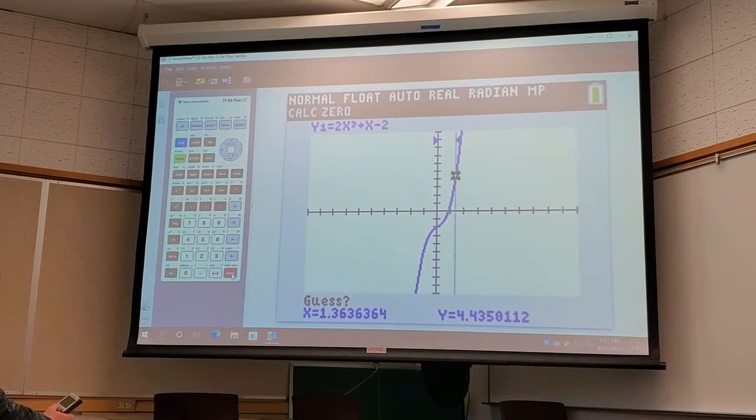Hit enter. So you see how it's going to look between these two things? See the little triangles? Then I want to give it a good guess. So that's about as good as I can get, about right there. There you go. 0.835, blah, blah, blah. We would never find that by hand, yes? Okay.